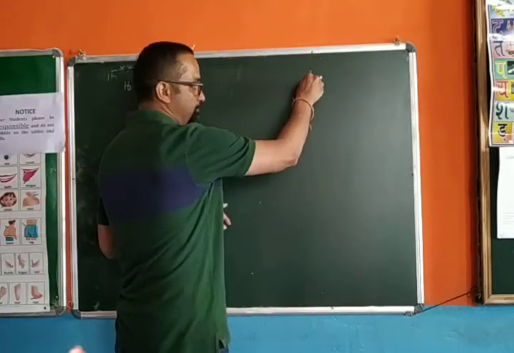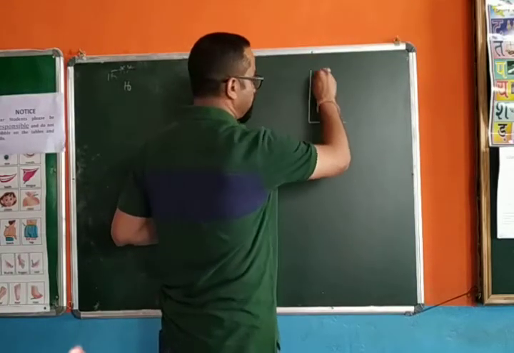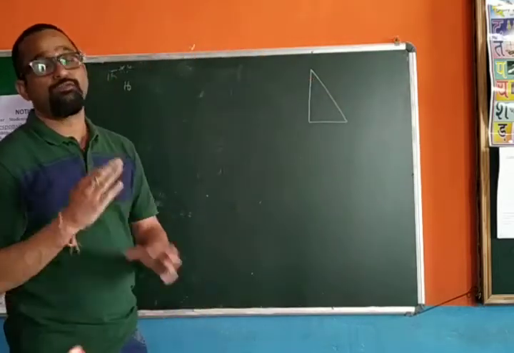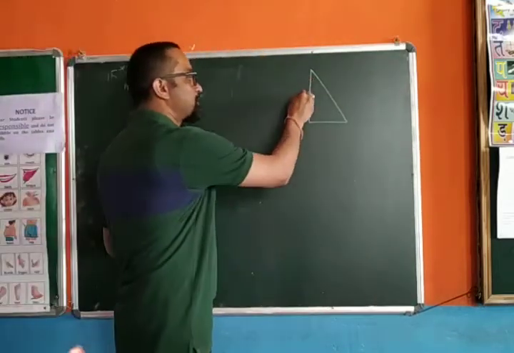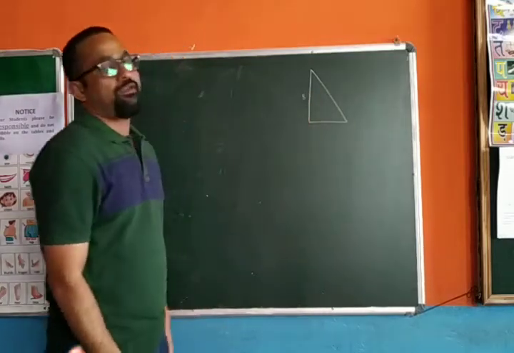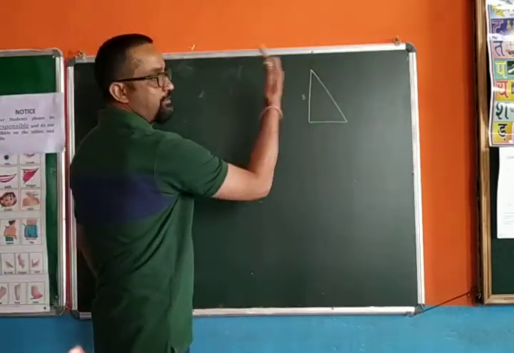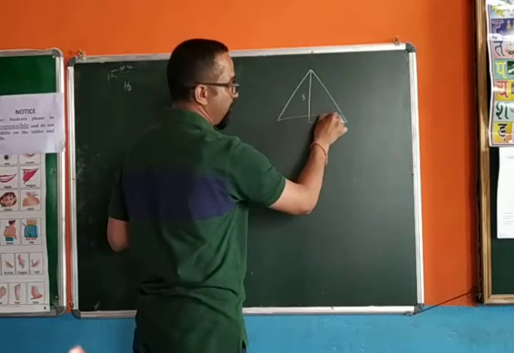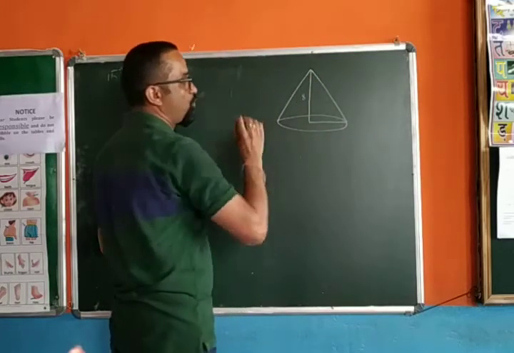So you have a right angle triangle. This right angle triangle is revolved around side 8 centimeter. And when we revolve it, we get a solid figure that is called cone.